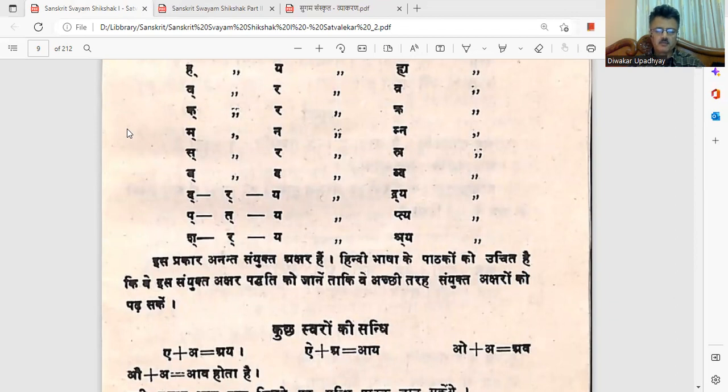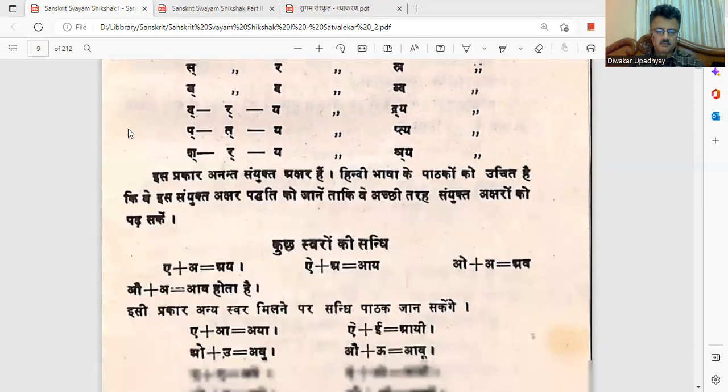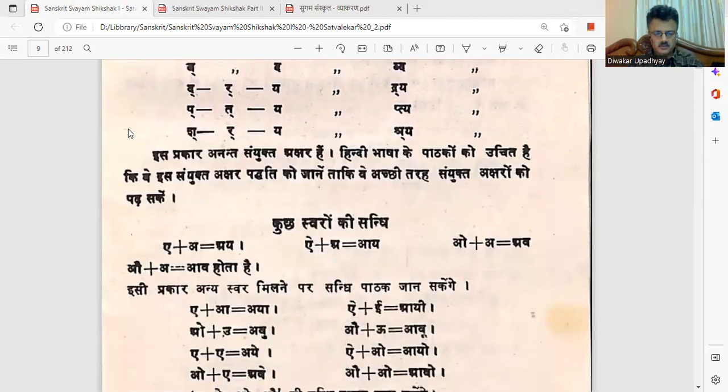Sa combined with Ra becomes Sra. Ba combined with Da becomes Bda. Da combined with Ra and Ya becomes Drya. Pa with Ta and Ya becomes Ptya. Sha and Ra and Ya becomes Shriya.